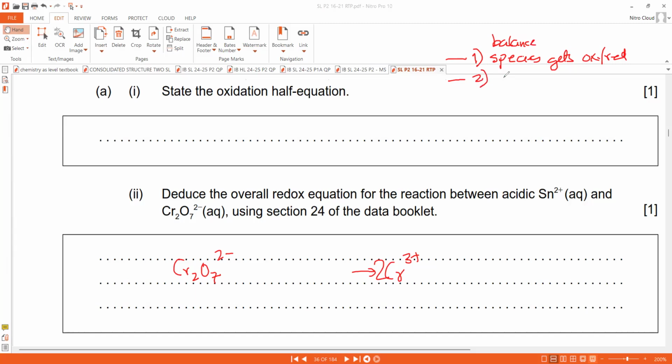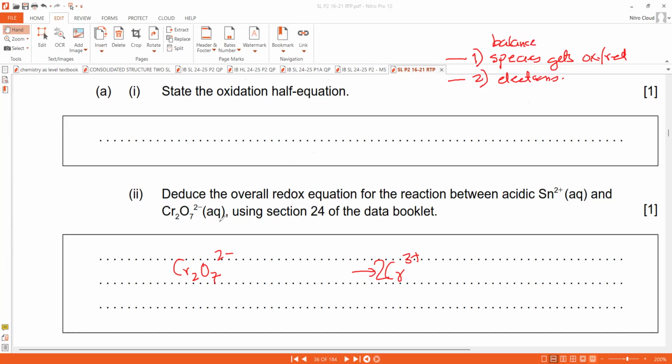Second, balancing the electrons. How do you balance the electrons basically? Electron balancing means you need to figure out how many electrons are lost or gained. If we know that this is getting reduced, which means this is gaining electrons, we need to find out how many electrons are gained.